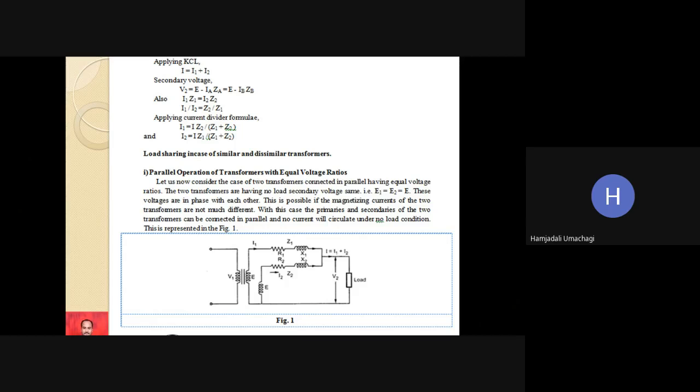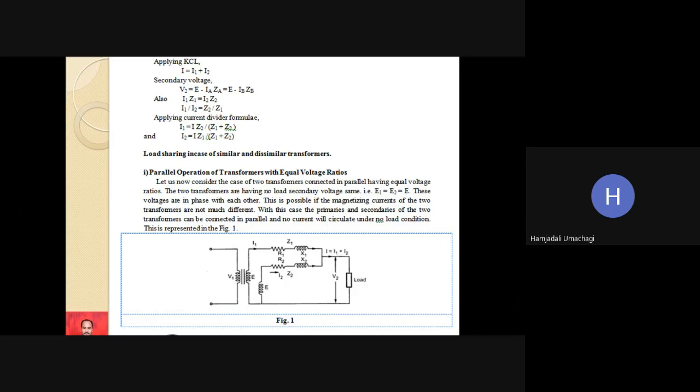The first transformer's induced EMF is E. Similarly, the second transformer's induced EMF is also E. Both transformers are connected in parallel, and both are excited from the common supply, V1. The primaries of both transformers are connected in parallel across the power supply, whose voltage is V1.